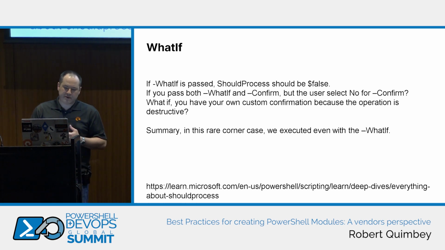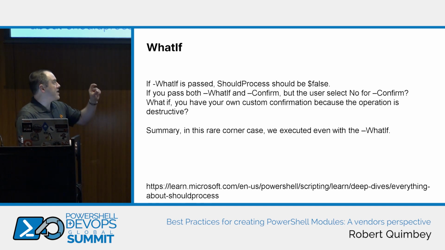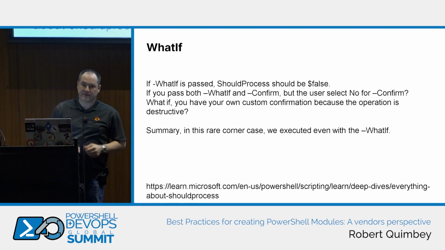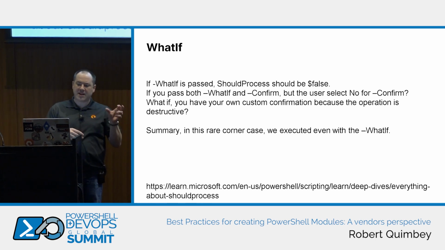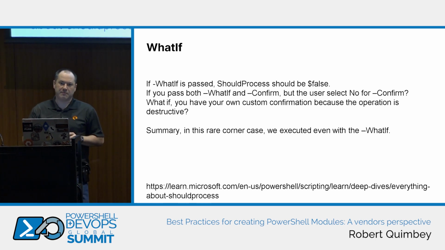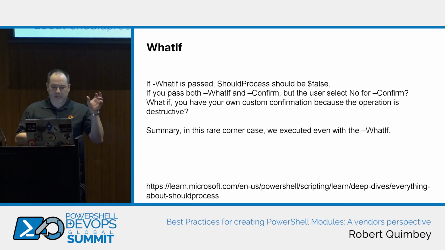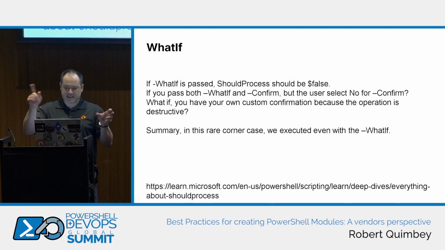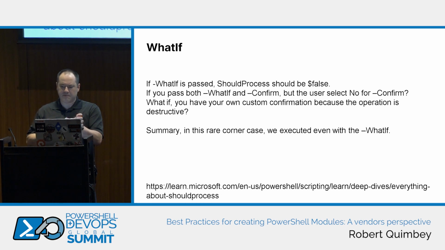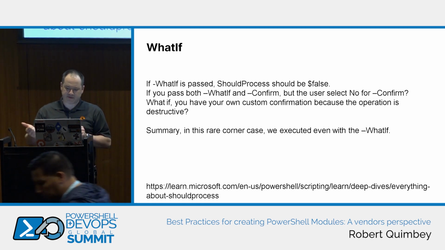One of the things that we found is that if you pass what if as a parameter, then should process should be false. But you can have what if and confirm. So if you do what if, which makes it false, and then confirm, but you say no for confirm, it should be false.